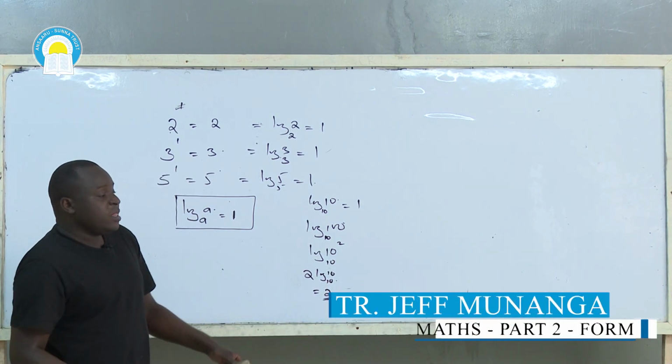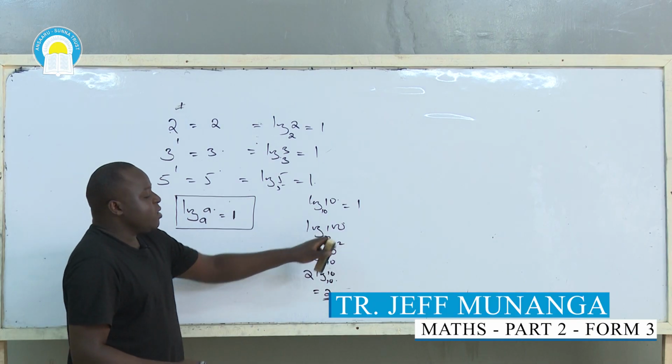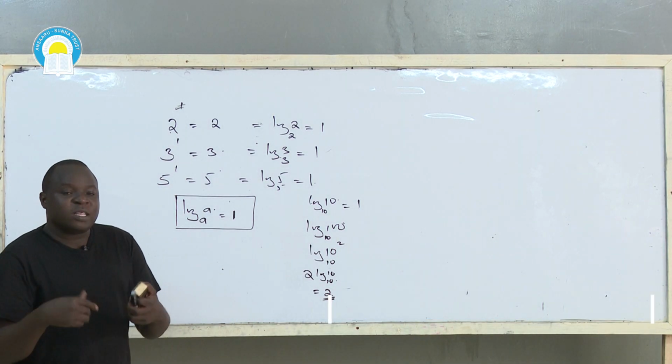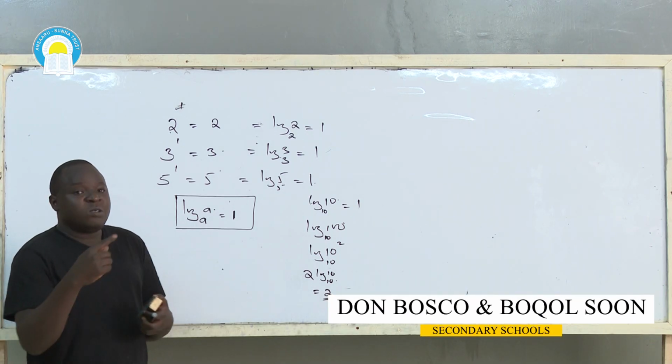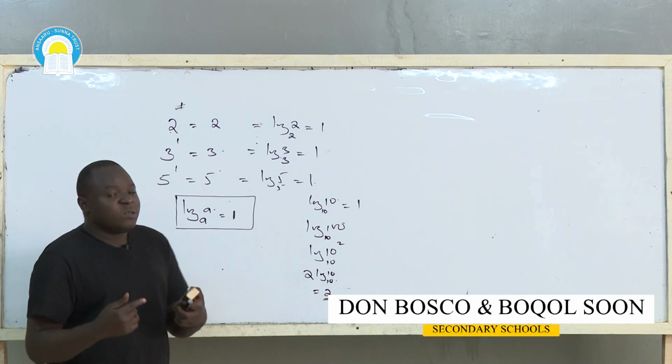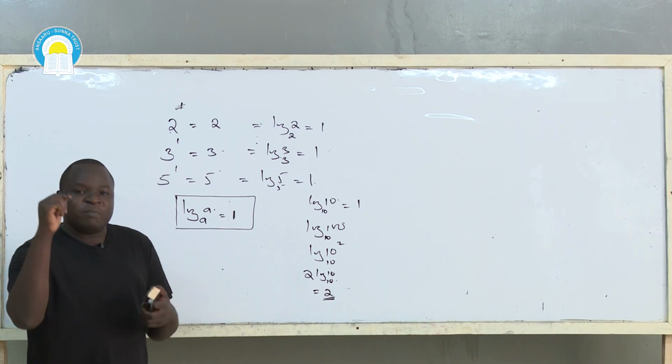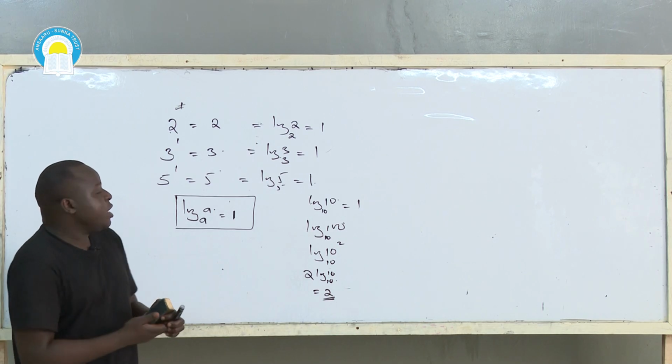And that's why I explained this. I say that anytime you see log 100, it's the same as 2. Same applies to 1,000, because 1,000 is the same as 10 raised to 3. 10,000, 10 raised to 4. So it will be log 10,000 base 10 equals to 4.